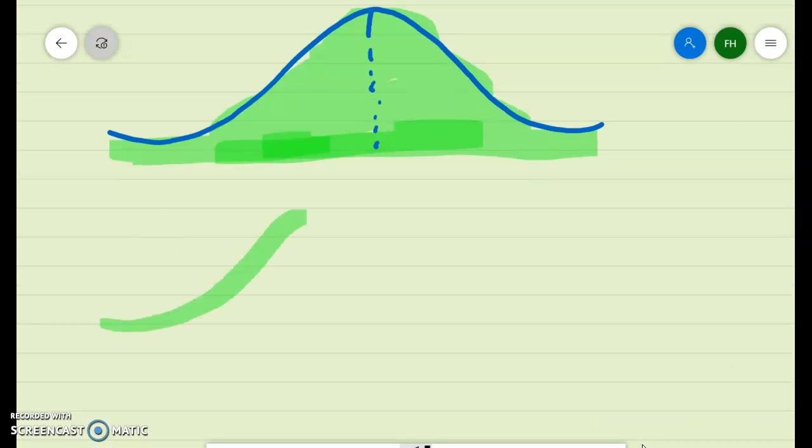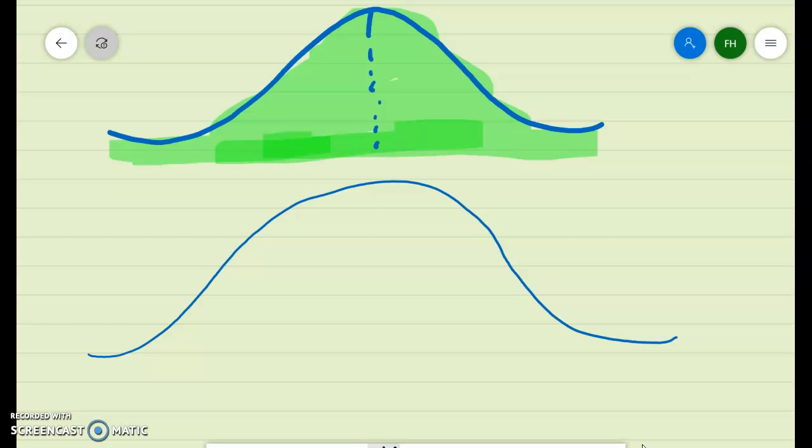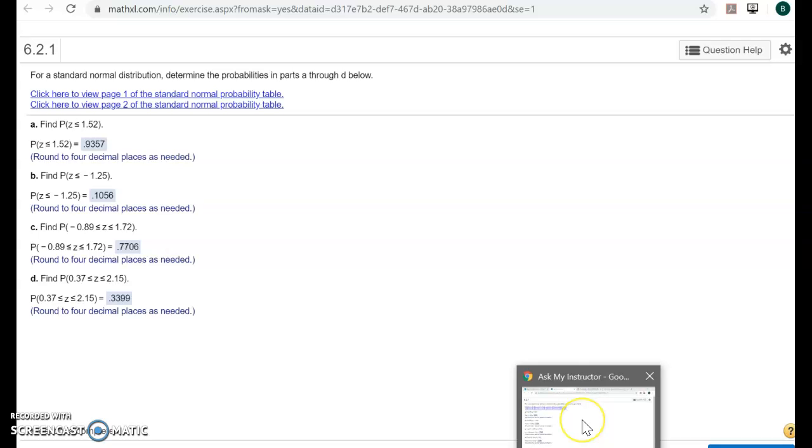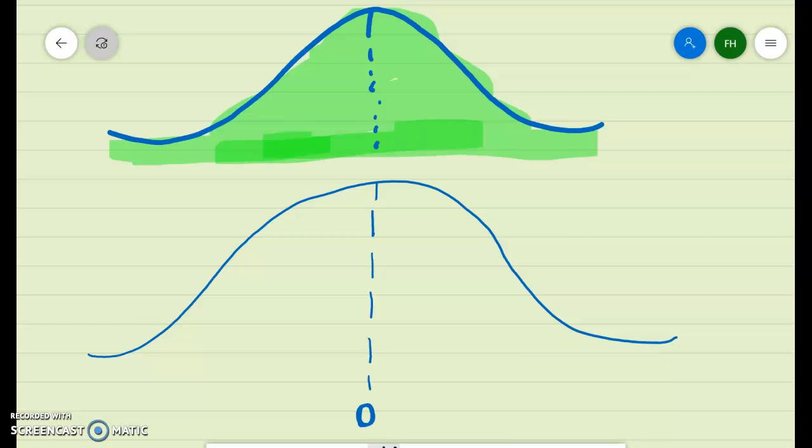So if we drew a curve here, and let's say the mean is always 0 when you change everything to a z-score, and we're wanting to know negative 0.89 would be somewhere over here, close to 0.